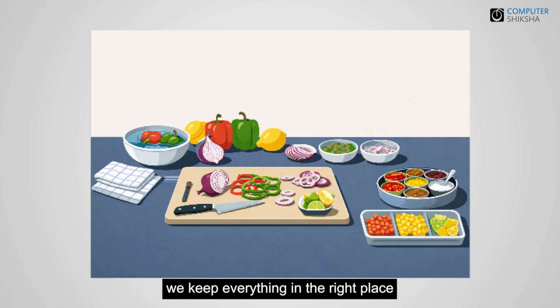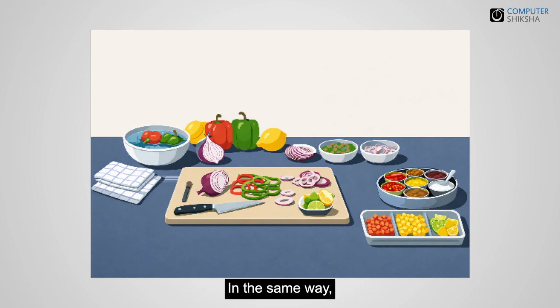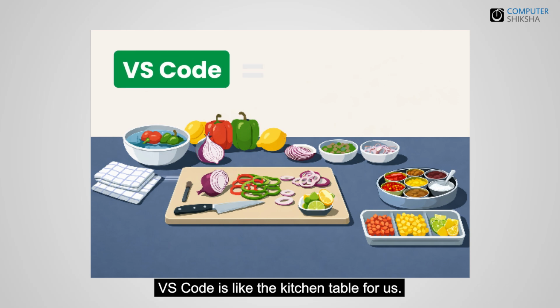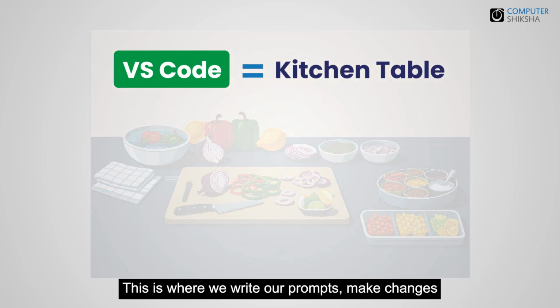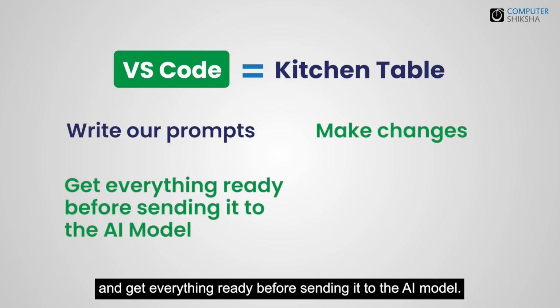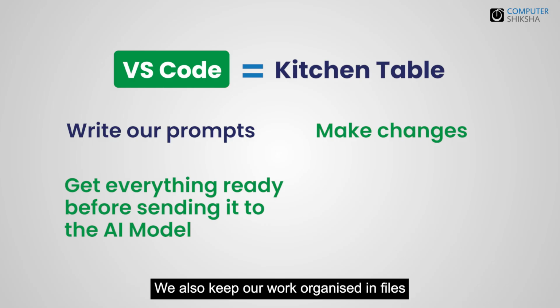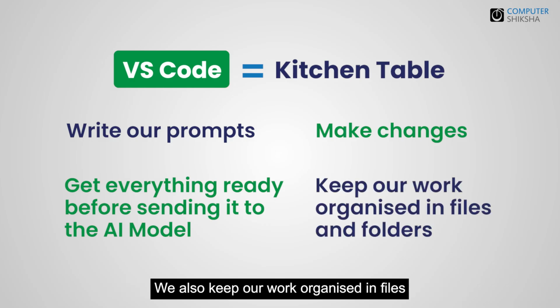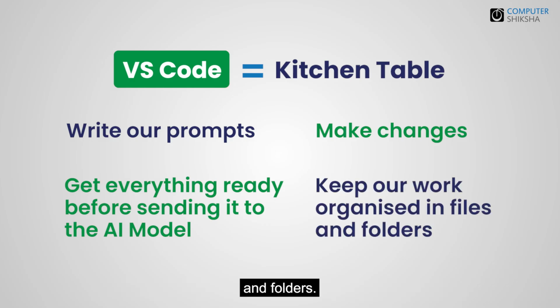We keep everything in the right place so we do not get confused later. In the same way, VS Code is like the kitchen table for us. This is where we write our prompts, make changes and get everything ready before sending it to the AI model. We also keep our work organized in files and folders.